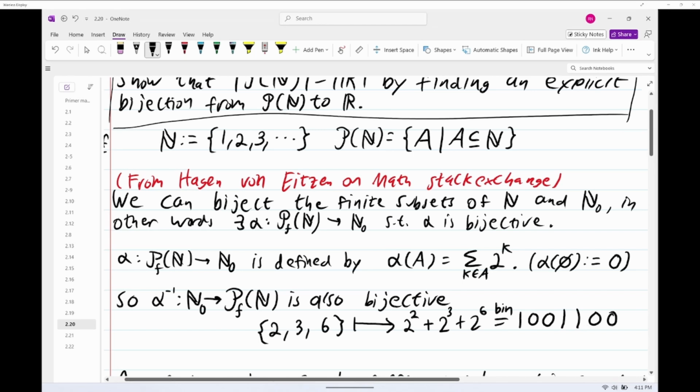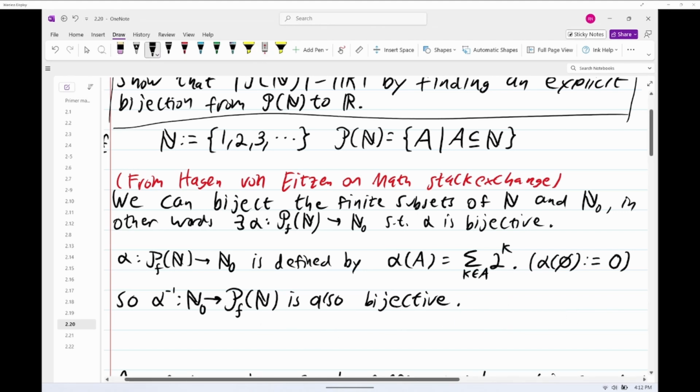This is useful because it allows us to put every finite subset of N to exactly one natural number, where the empty set gets sent to 0. We hit every natural number and we don't miss any, and so this function is bijective. All right.